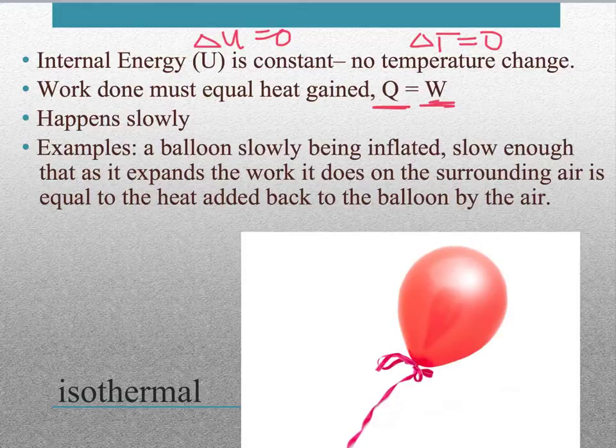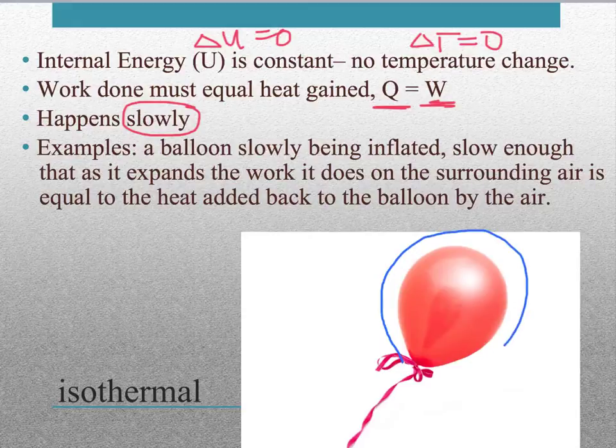These kinds of processes will always happen very slowly, and that slow process is what allows it to stay at a constant temperature. The example that your text gives is a balloon slowly being inflated, so that as it expands, the work it does on the surrounding air is equal to the heat added back to the balloon by the air. An example in your book talks about it being inflated by pressure.